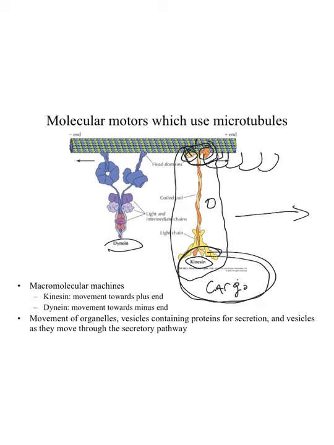So when a vesicle comes out of the Golgi, for example, ready to move up to the cell surface for secretion, it's not a magical, stochastic diffusion thing. It's very regulated. The vesicle will get hooked up to kinesin, and kinesin will hook up to the microtubule and then move the protein up towards the periphery.